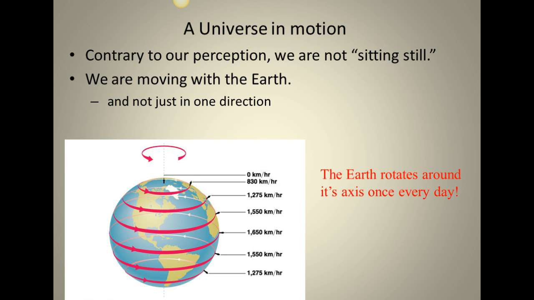Just like a merry-go-round, the Earth rotates around its imaginary axis, meaning aligned from the middle of the North Pole to the middle of the South Pole, once every 24 hours. You can see the imaginary axes right here on this diagram.